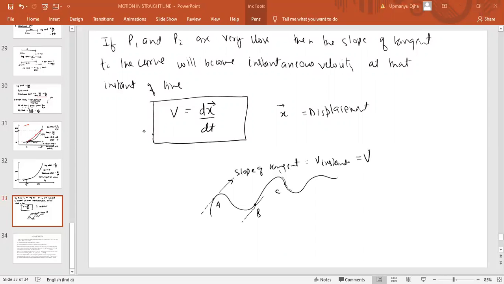Okay, screw gauge. I have told you about the screw gauge 2 or 3 times.